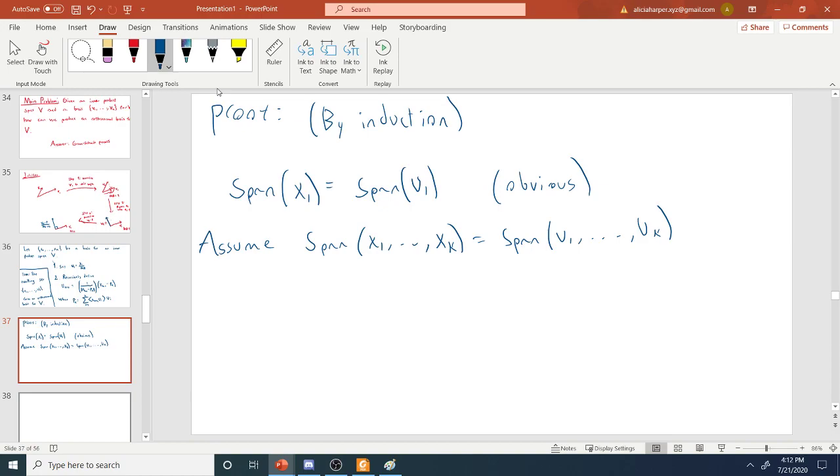And what we're going to show is that this implies that the span of x1 through xk plus 1 is equal to the span of u1 through uk plus 1. So here's how this goes.